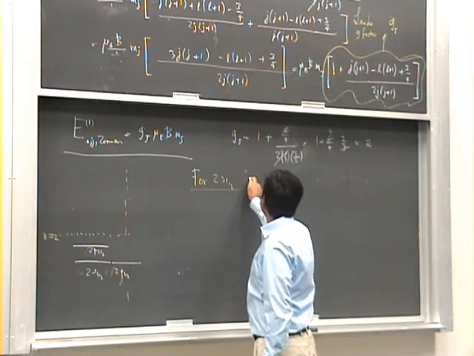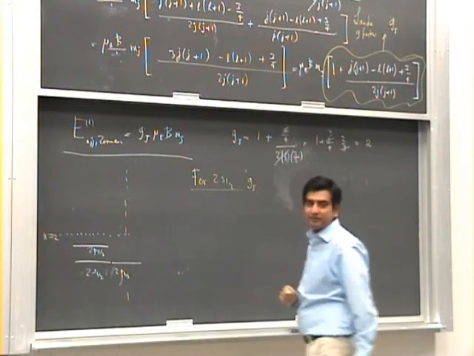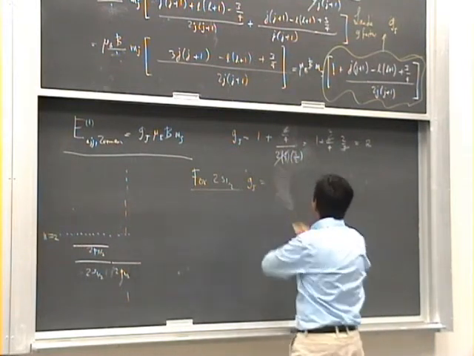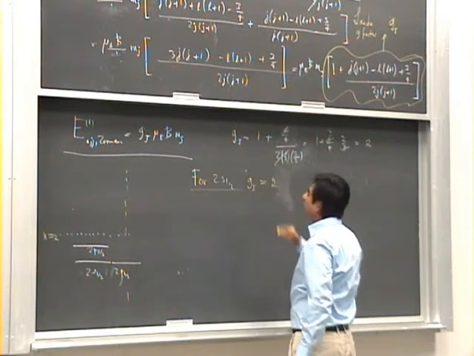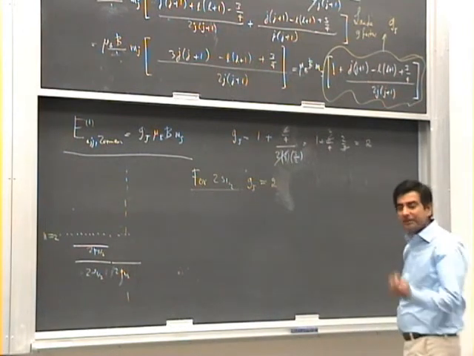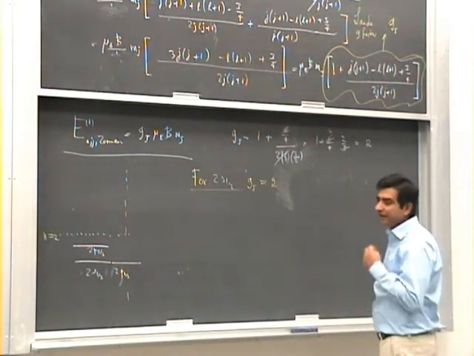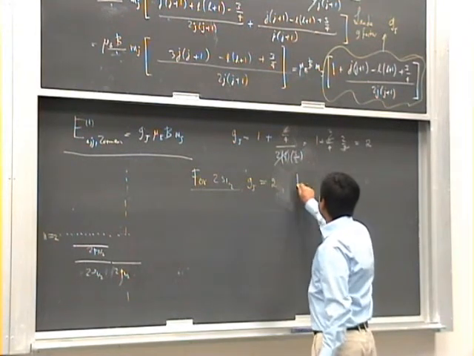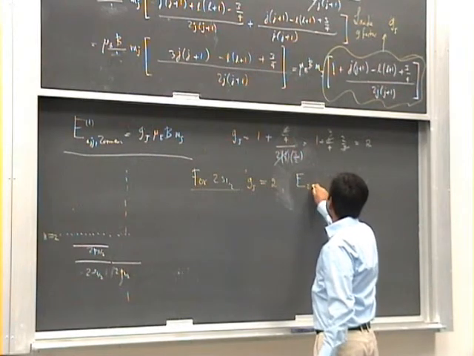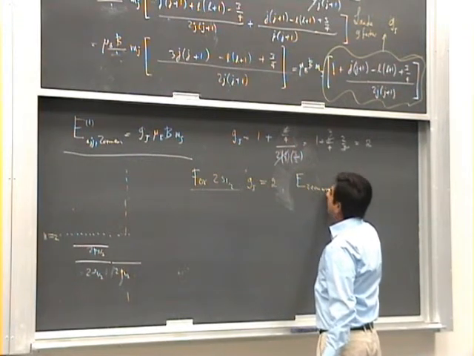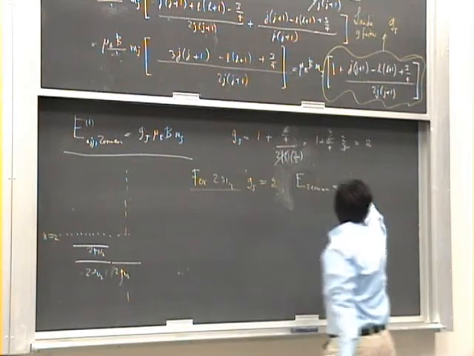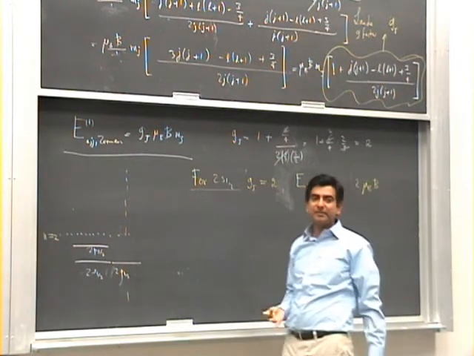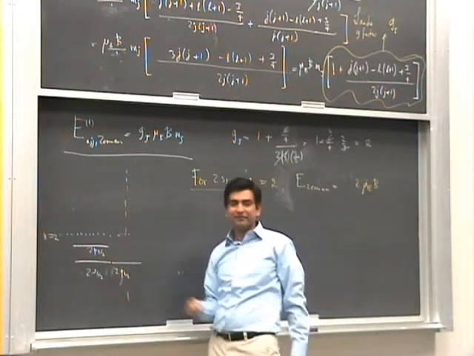For each level we would like to find out the value of Gj, the Landé g factor. We've already done that for the 2s half level, it's 2, because the orbital angular momentum is 0. So there's one possible value of J, that's 1 half, just the spin half part. Gj is 2. So the Zeeman energy splittings, E Zeeman, are going to be Gj is 2, mu B B, and mj has two possible values, plus half and minus half, for j equals half.